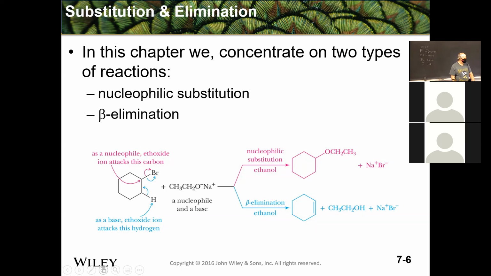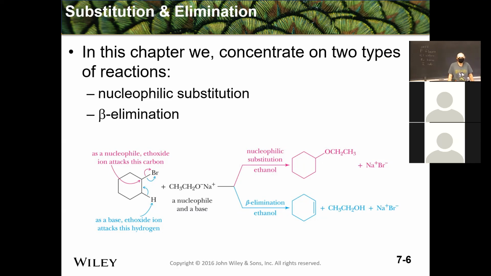And so here on top in red, we have the bromine being replaced by OCH2CH3 to give us an ether, and the bottom reaction is an elimination, where we end up with an alkene.